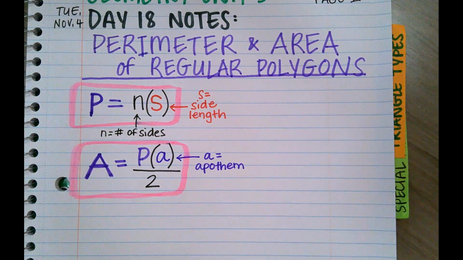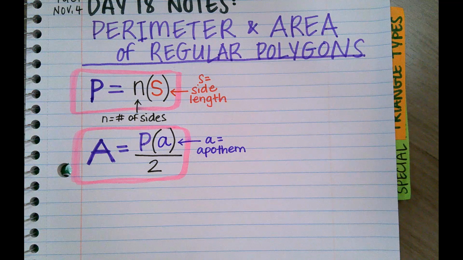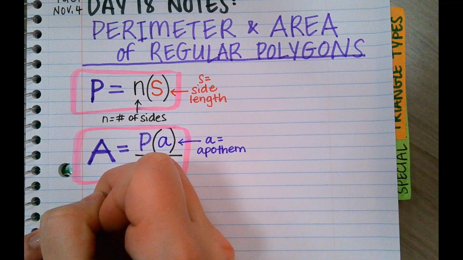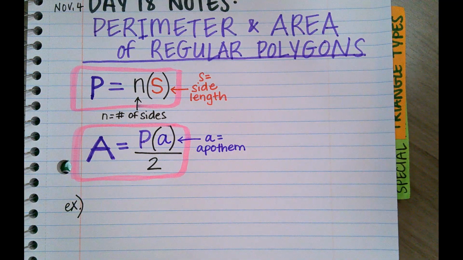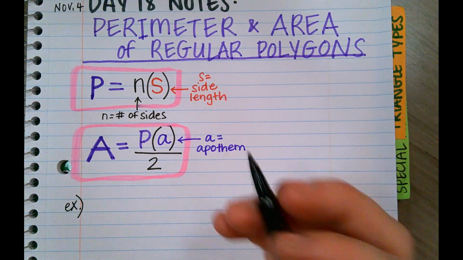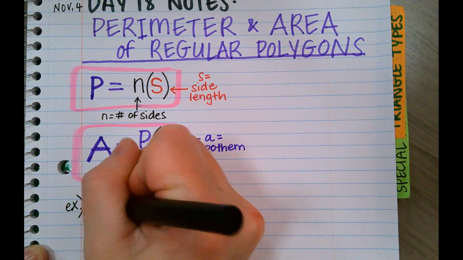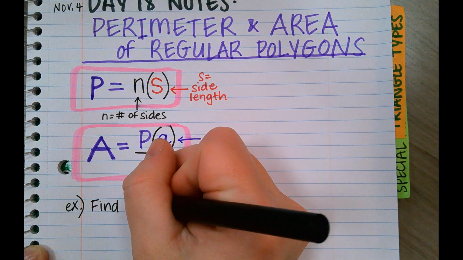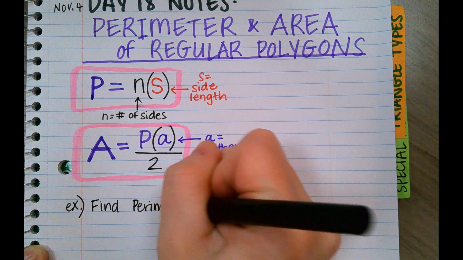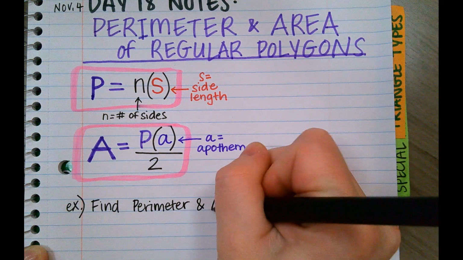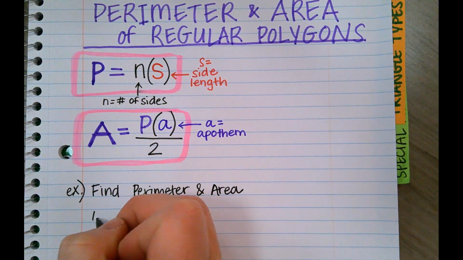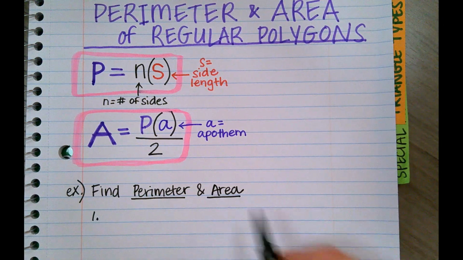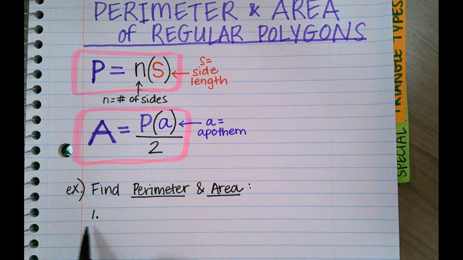And let's use an example here. So, for example, let's say I want to find perimeter and area of, let's see, here's one example. Find perimeter and area. I'm going to describe a shape to you.